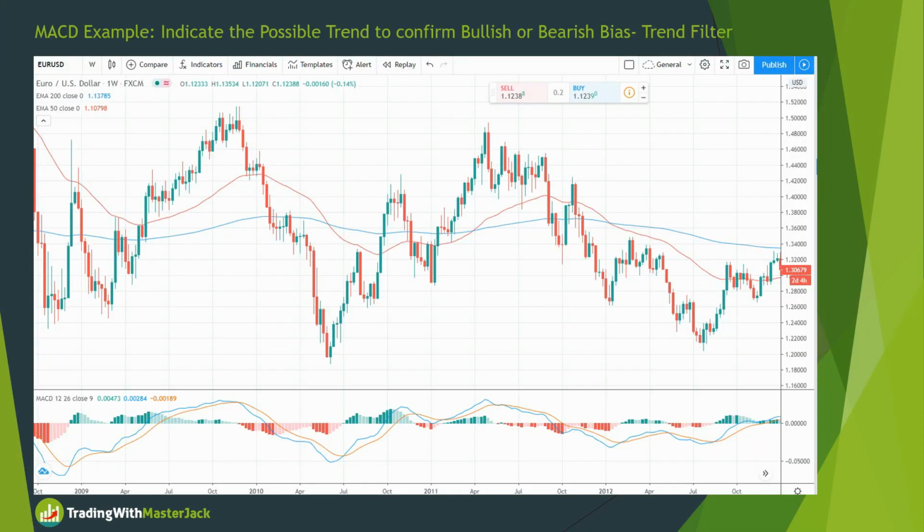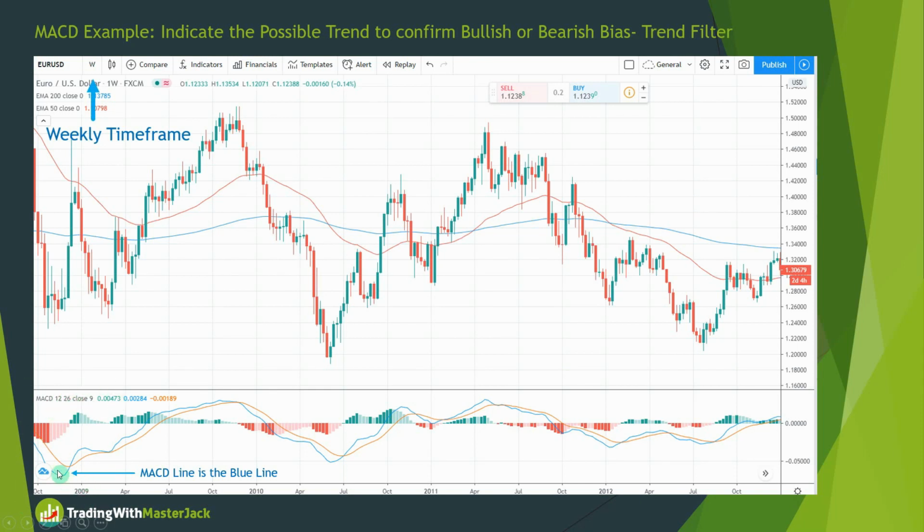Okay, now our MACD example, using MACD as a trend filter to indicate the possible trend to confirm a bullish or bearish bias. You'll see I am on the weekly time frame, and just to go over this, this is our MACD indicator. You'll see the settings are 12, 26, which is the standard default.